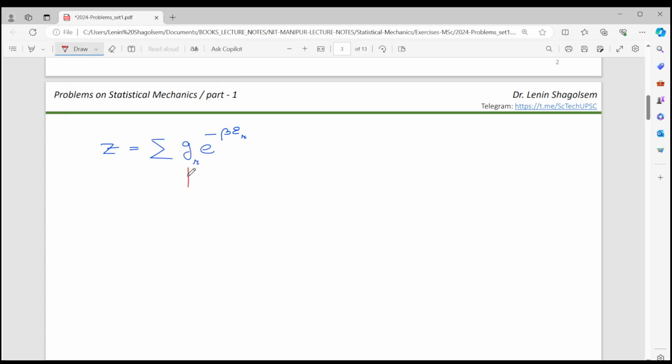What we have to remember is that g_r is the degeneracy, and this is our Boltzmann factor.